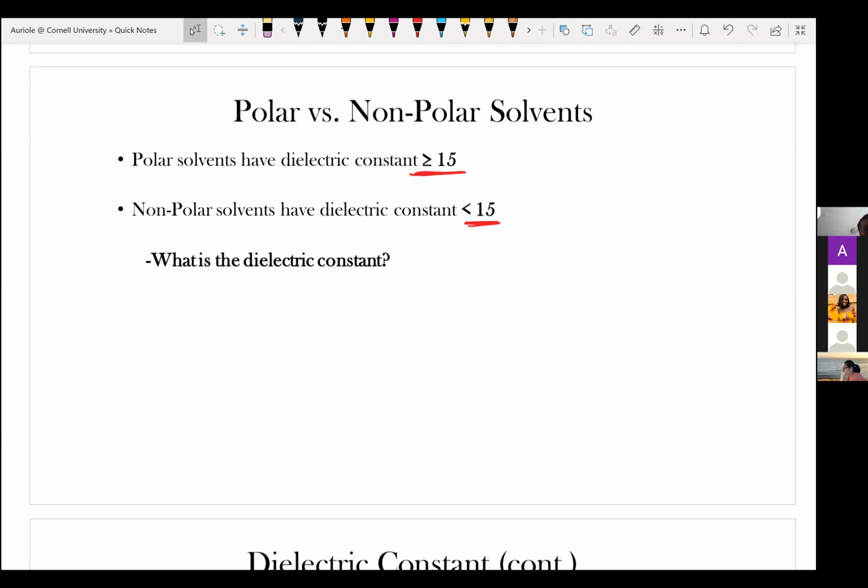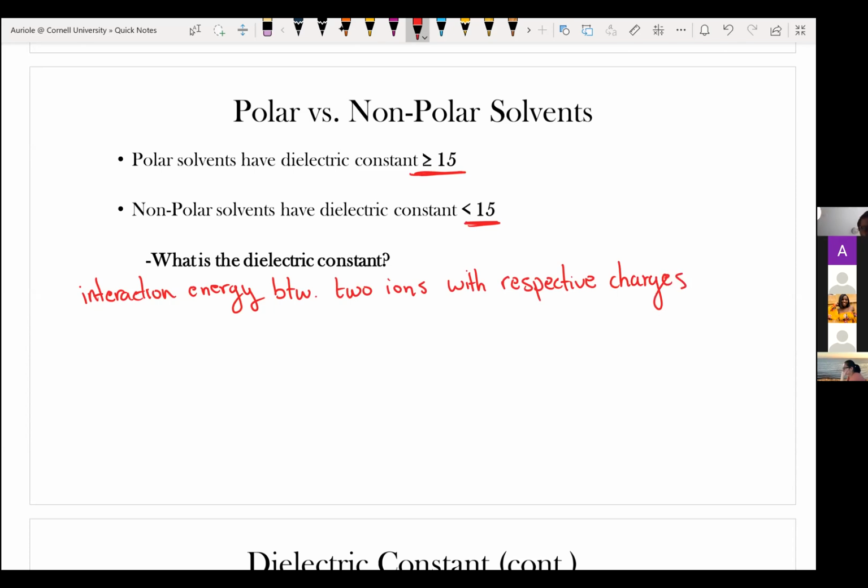Well, this dielectric constant is going to be the interaction energy between two ions with respective charges Q1 and Q2 separated by distance r.